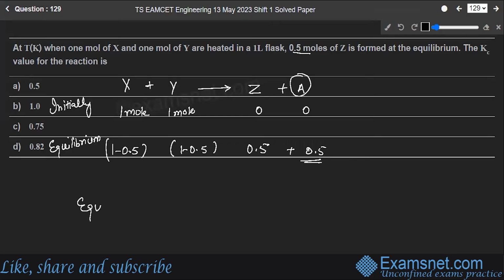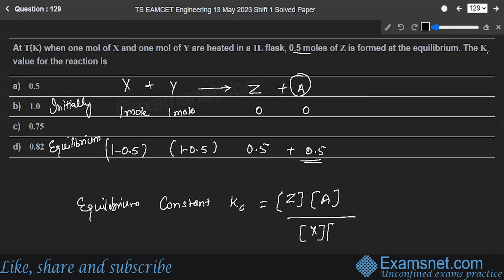Now the equilibrium constant Kc is given by the concentration of Z into A, that means the products, divided by the concentration of the reactants.